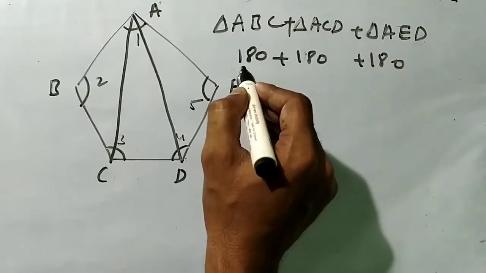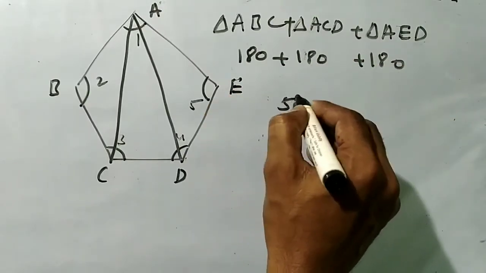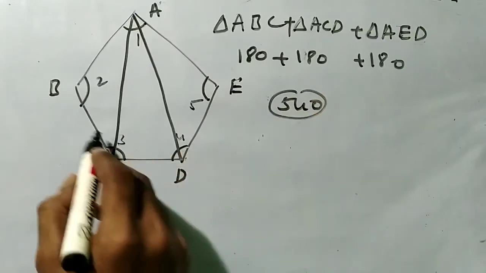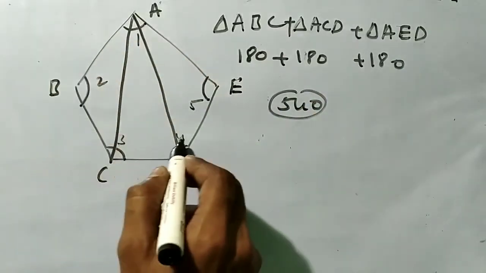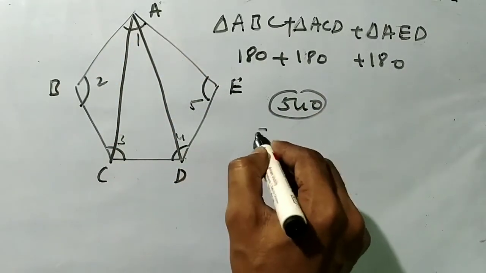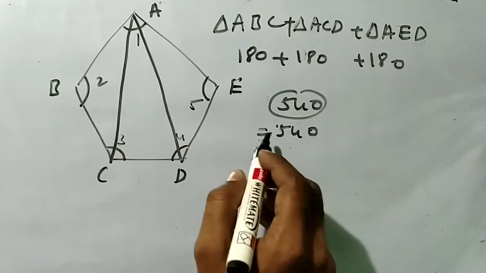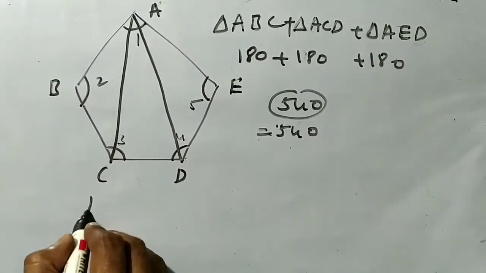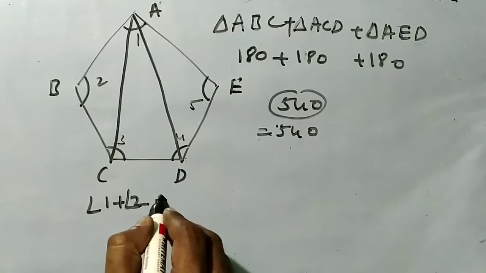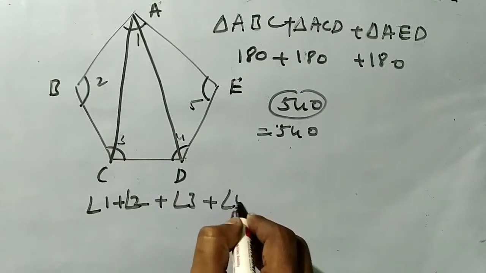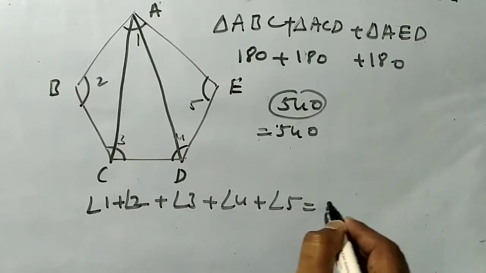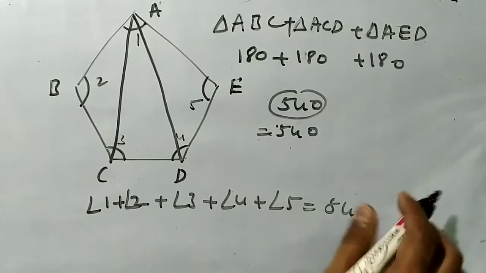So 180 plus 180 plus 180 is nothing but 540. So the total of the 5 angles of a pentagon is equal to 540, that is angle 1 plus angle 2 plus angle 3 plus angle 4 plus angle 5 is equal to 540.